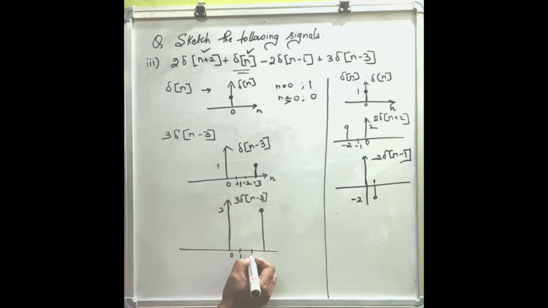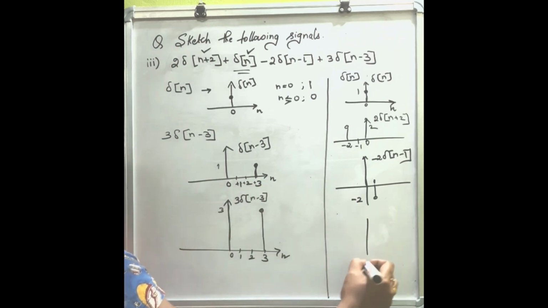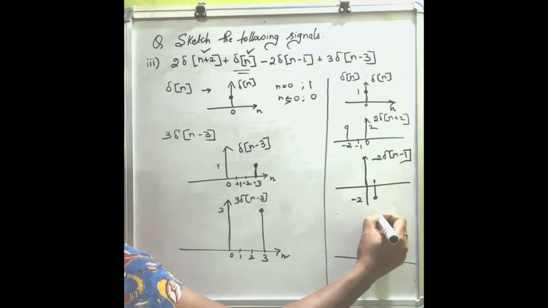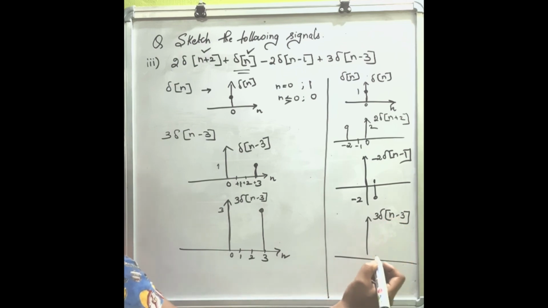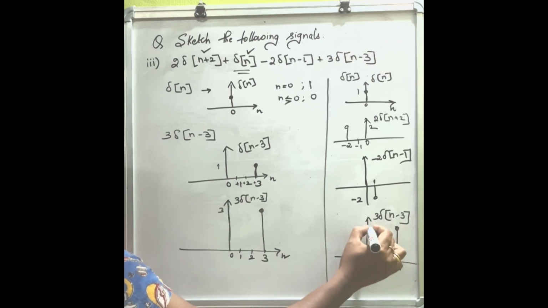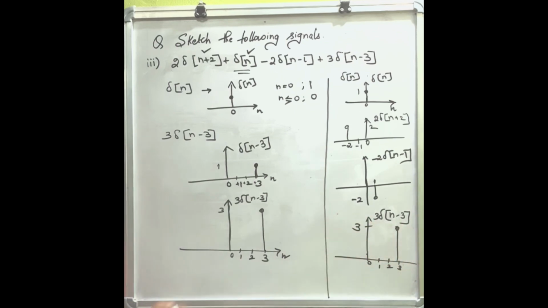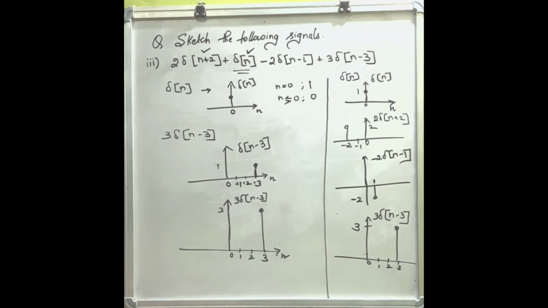Let's draw it here: 3 into del n minus 3. It goes up to 3. So you have got all 4 signals.